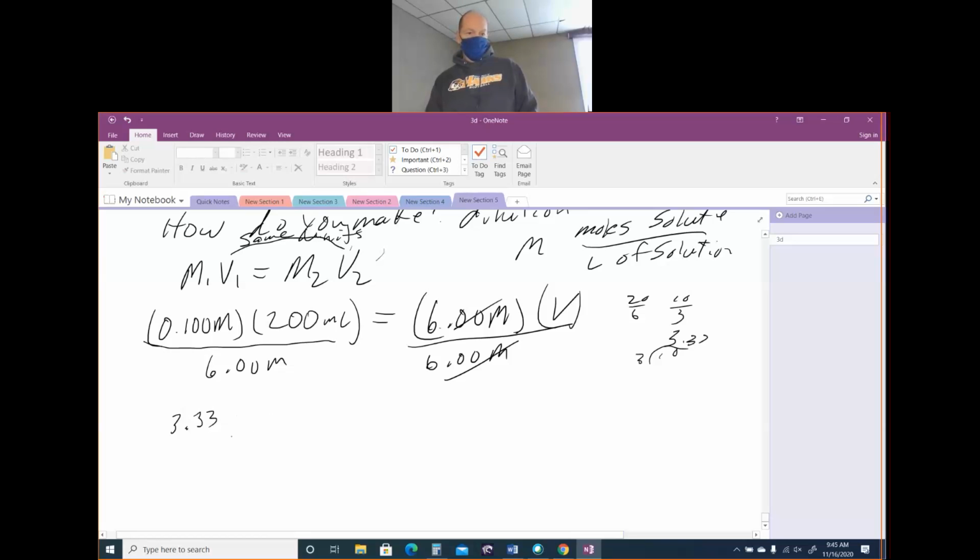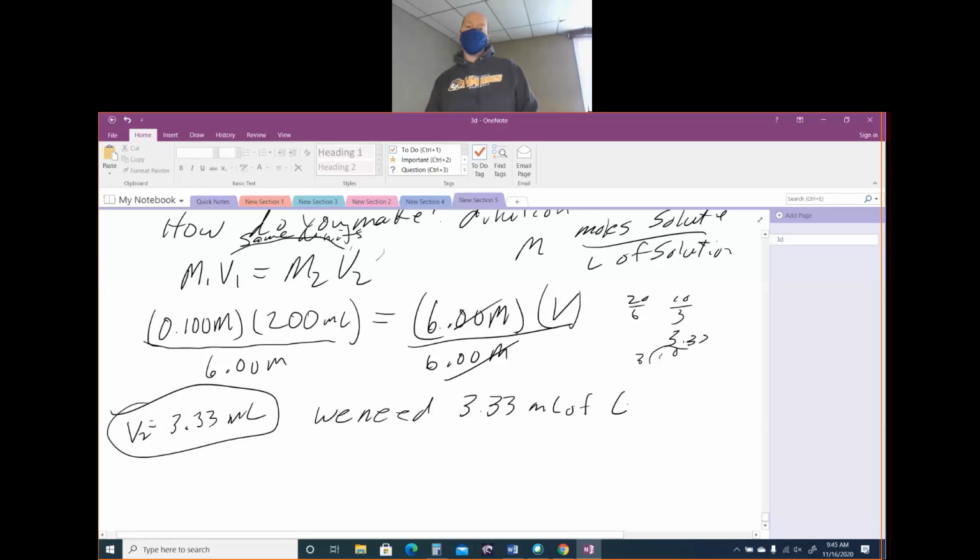And so that is milliliters. All right, so that's your volume 2. That doesn't tell you how to make it. So what it says is we need 3.33 milliliters of 6 molar HCl, but it doesn't say what to do with it.